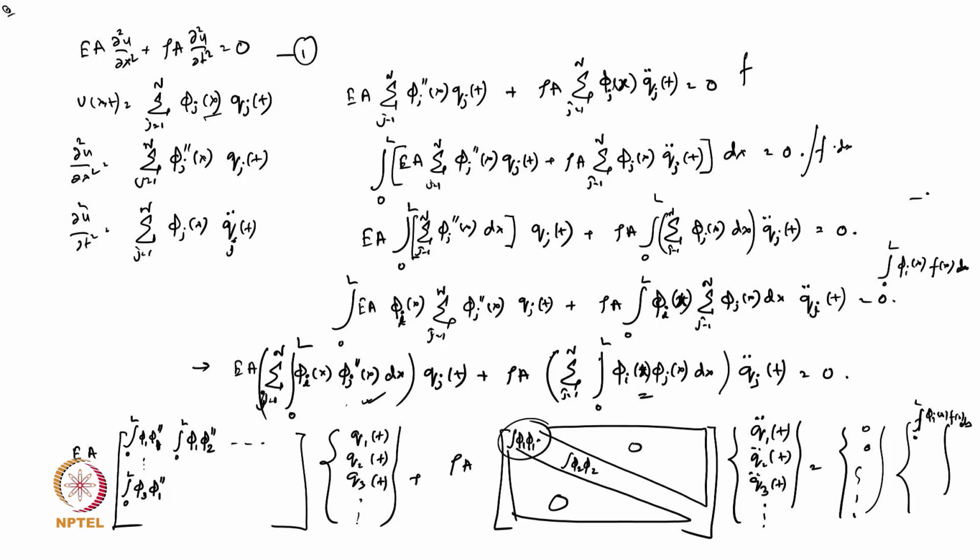We just say this is q(t), this is q double dot(t). That is obvious, because once we do the variable separation, one will be q(t) and another will be q double dot(t). We are not saying whether the function is harmonic or whether omega square will be coming. We are just formulating as it is.